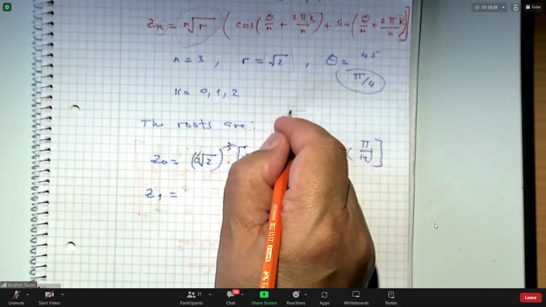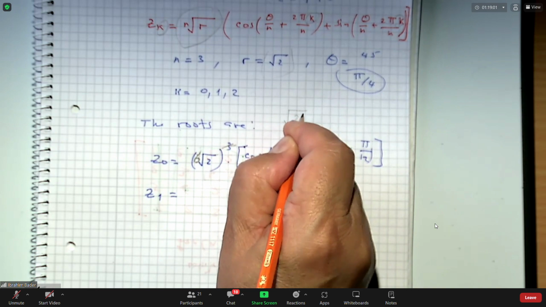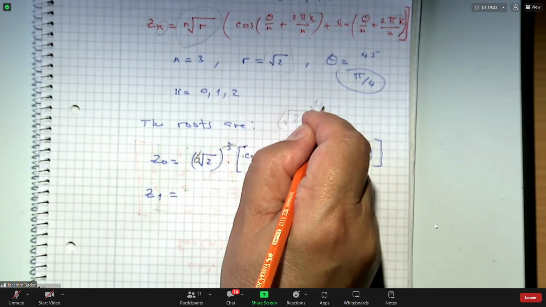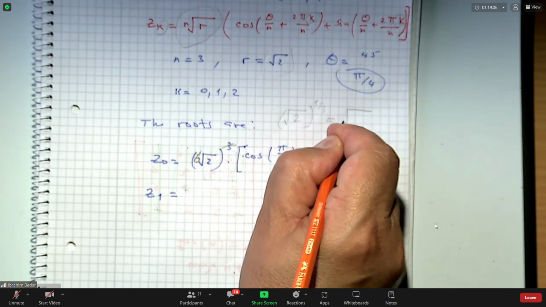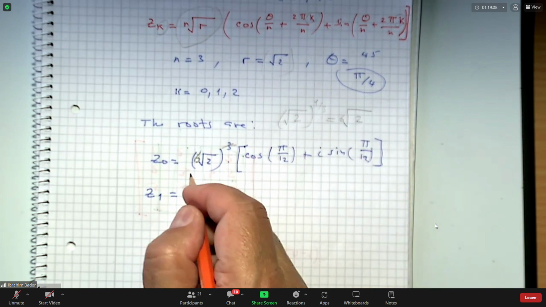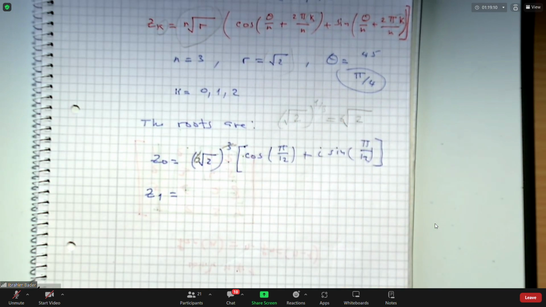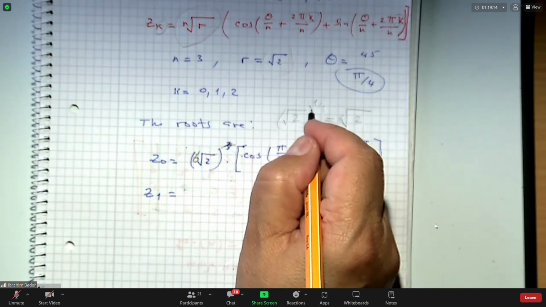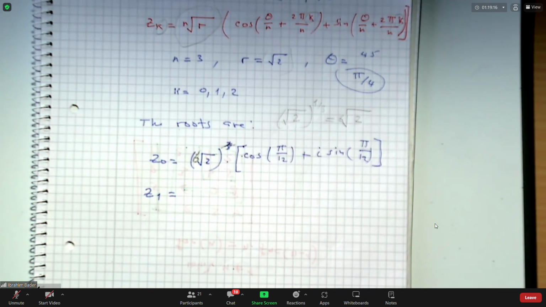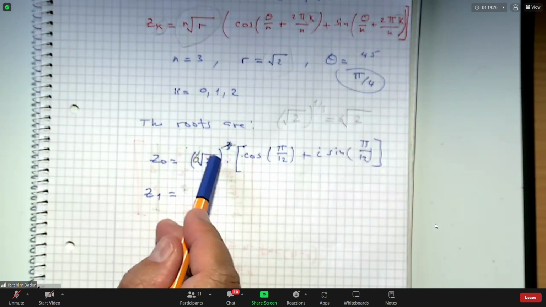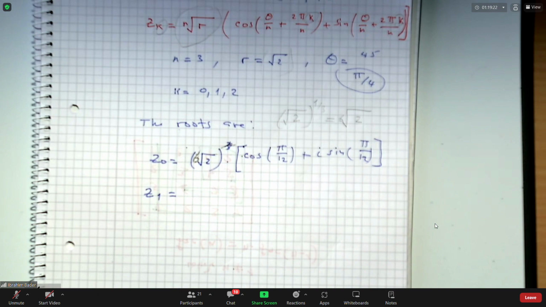So this is the square root of 2 all to the power 1 over 3, which is the 6th root of 2. I don't know whether you're familiar with this notation, but thank you, you're right. Or we can just use this one, whatever. So this is the 6th root of 2, which is constant.